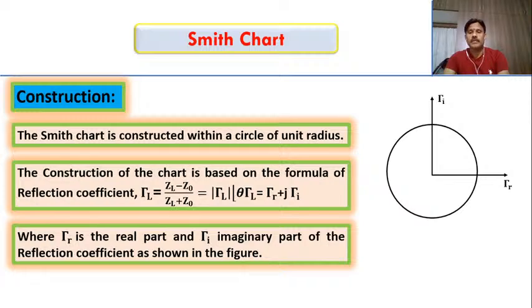If you know the value of gamma, you can immediately guess its corresponding S value, right? At the origin, the gamma value is 0, so correspondingly S is 1. Similarly, at the outermost end of this unit circle, gamma R becomes 1, then S becomes infinity, right?